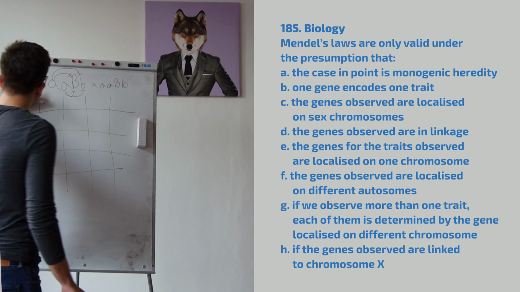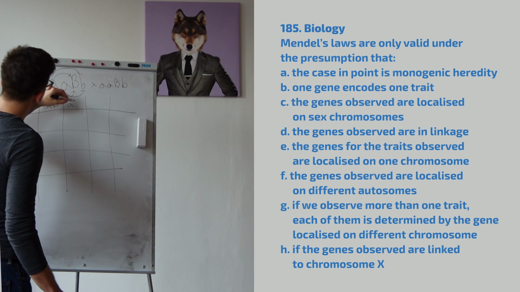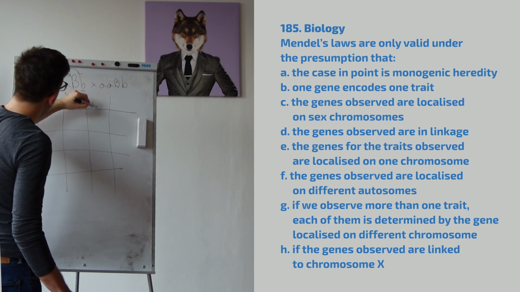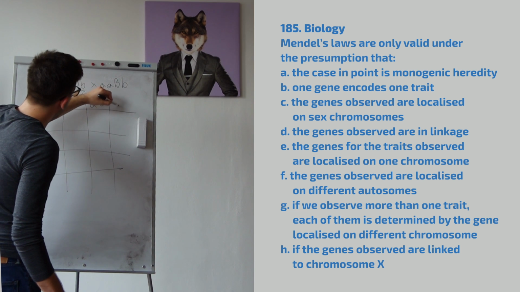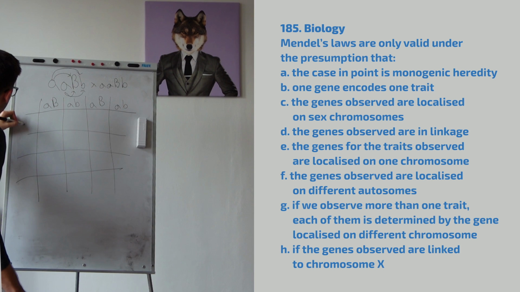So then we can put these here. We're going to have little a with a big B, little a with a little b, little a with big B, and then little a, little b. And the same thing on this side.